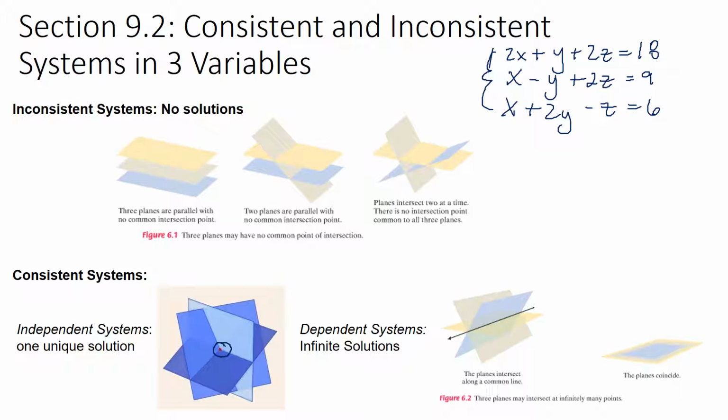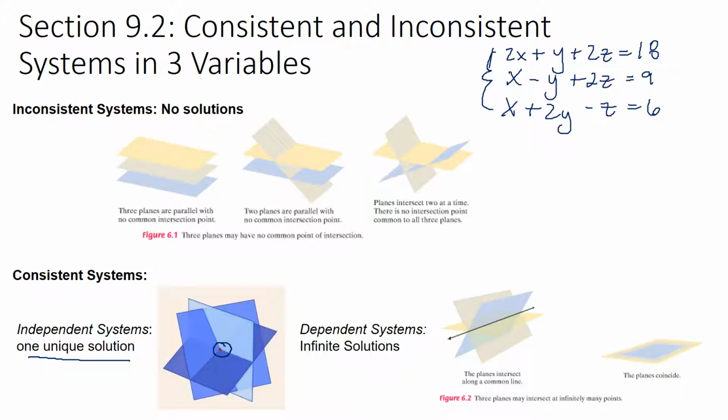When you have an intersection point for all 3 equations, that's called an independent solution, where you only have one unique solution. That's the same as a system of equations in 2 variables: you'll have a consistent system that is independent if you only have one unique solution.